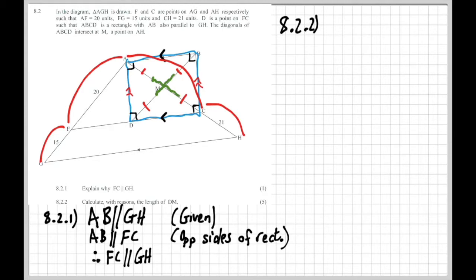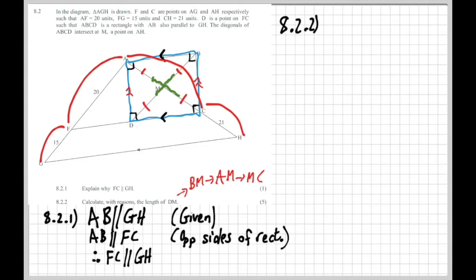Now, I know that DM relates perfectly to BM, as well as AM, as well as MC, because they are all those little half of the diagonals that I can work with.